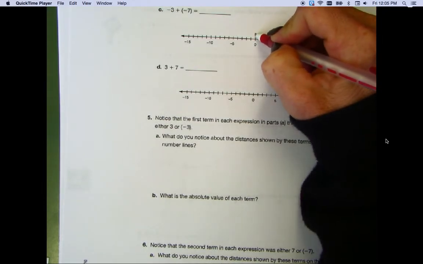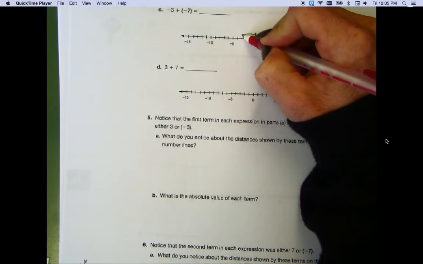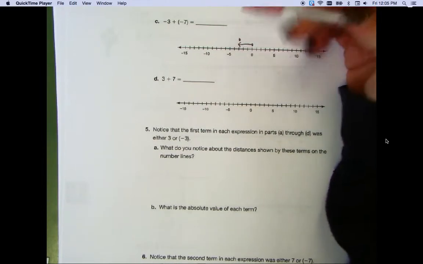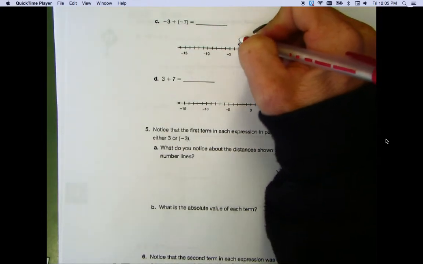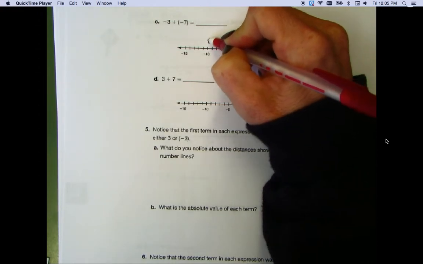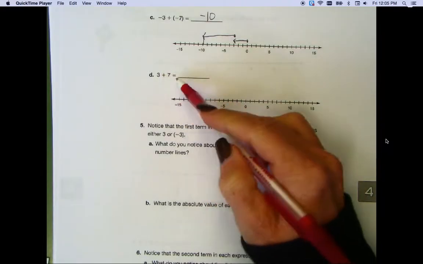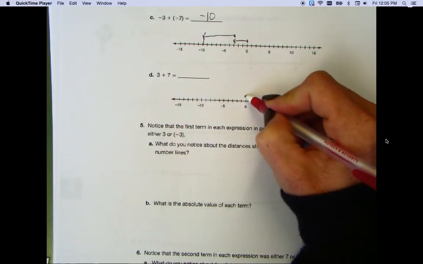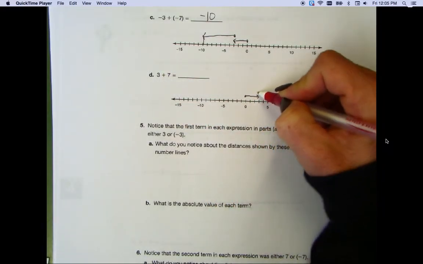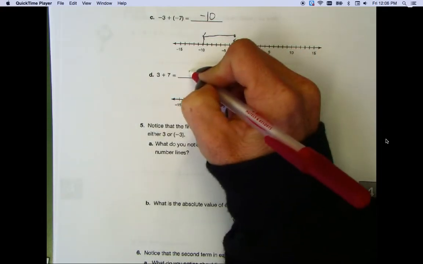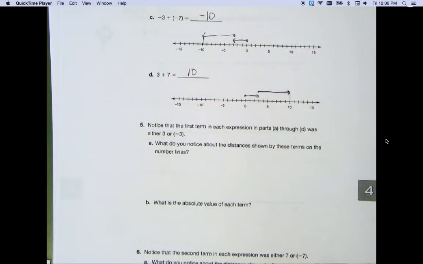So I'm starting at 0 always, and I'm going to negative 3. From negative 3, I'm adding 7 more negatives, which means I'm moving left 7 more spaces, and I end at negative 10. And this should be the easiest one. I'm starting at 0, going to 3. From 3, I'm adding 7 positives, so I'm moving to the right 7, and I end at positive 10.